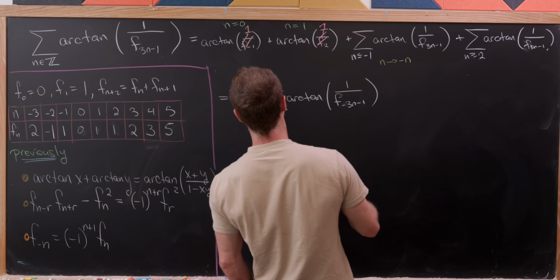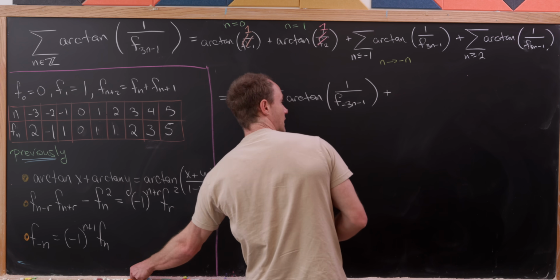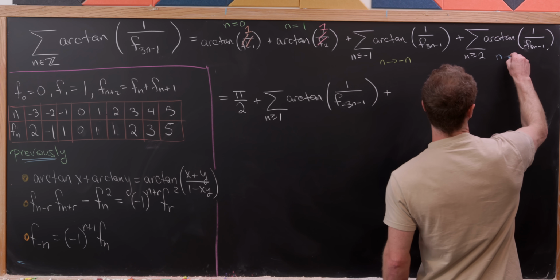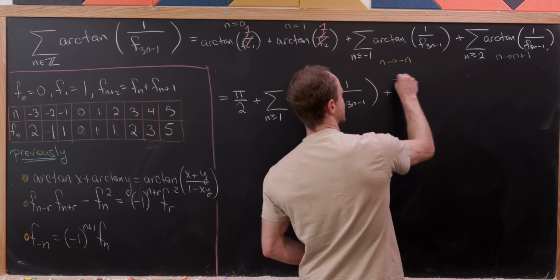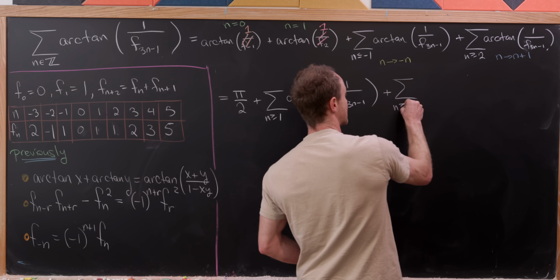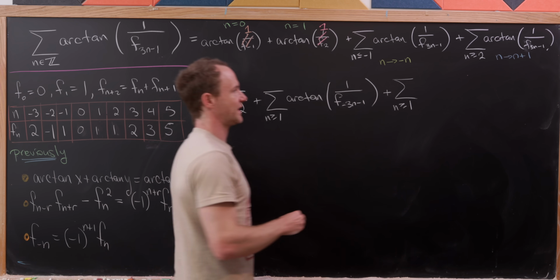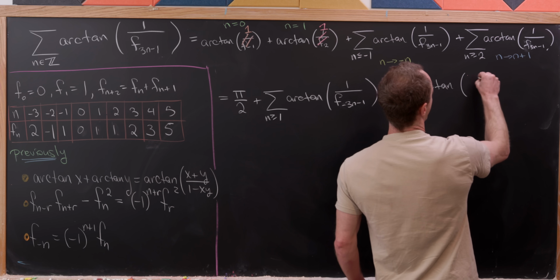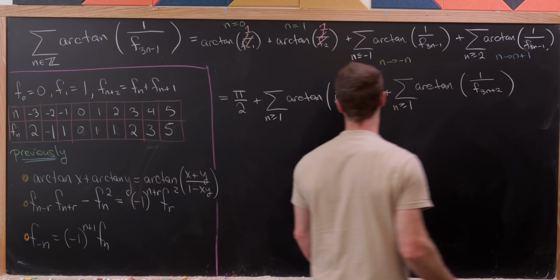And then what do I have for this next bit? Well, I'm going to have to reindex that as well. I'm going to reindex this by replacing every n with n plus 1. That's going to give me this sum as n is bigger than or equal to 1. That moves my starting point a little bit. And then I'll have my inverse tangent, so arctan of 1 over f sub 3n plus 2.